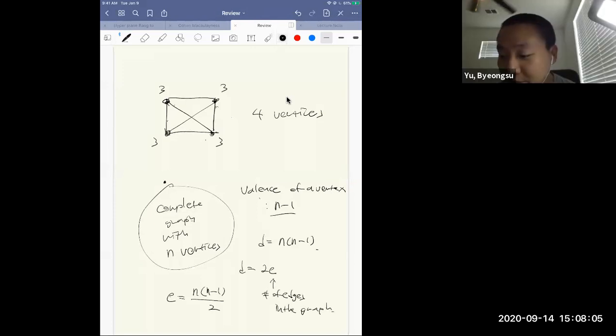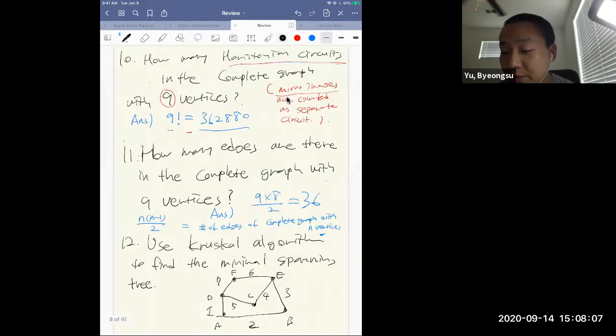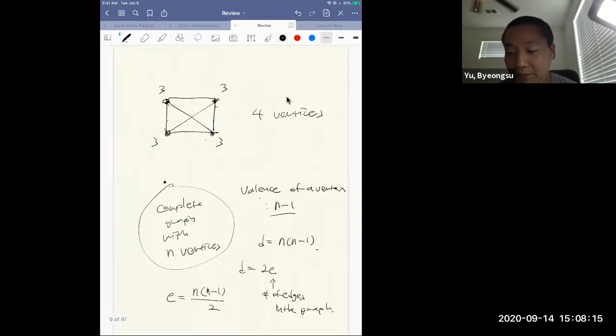And for our question, we just deal with number 11. How many edges are there in the complete graph with 9 vertices? To find this, think of the complete graph with n vertices in general, where each vertex has degree n minus 1, because every pair of vertices has an edge, right?